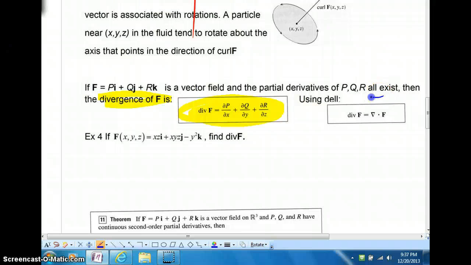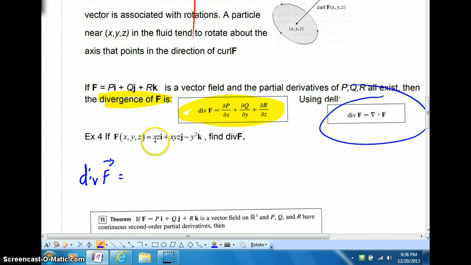And to write it another way in terms of del, of course del is not going to be involved with a cross product now, but rather with a dot product. I'll be honest with you, I think the easier approach to determining a divergence is to use the first definition rather than a dot product. Plain and simple, what this would look like for example 4 is this.